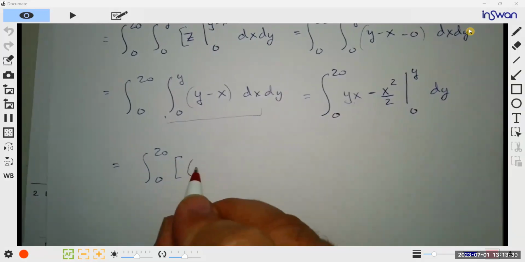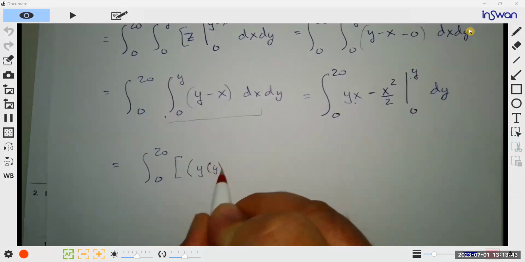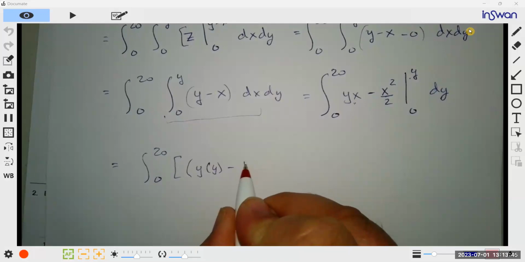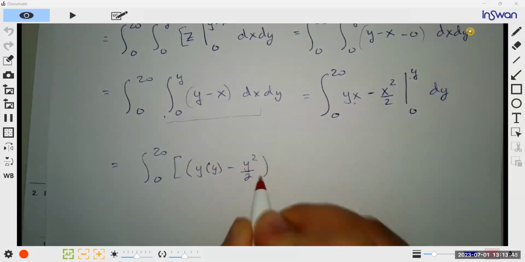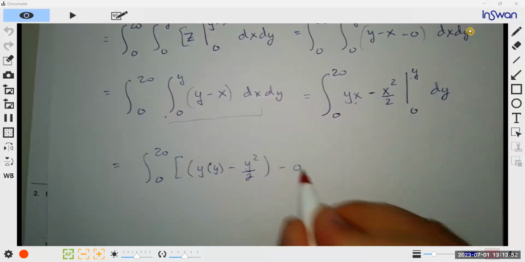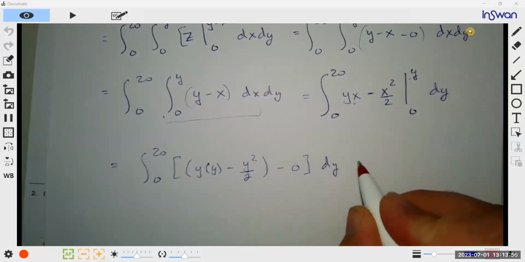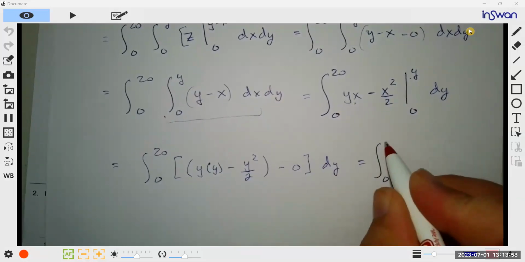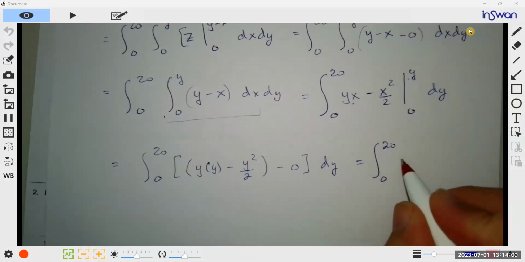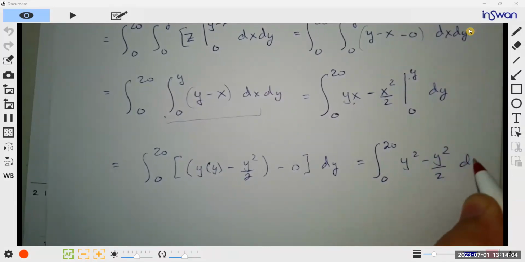So for the first one, x is y: y squared minus y squared over 2, minus 0 times that, so it's minus 0. It's equal to the integral from 0 to 20 of y squared minus y squared over 2.